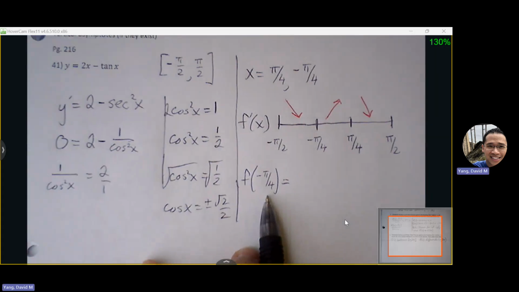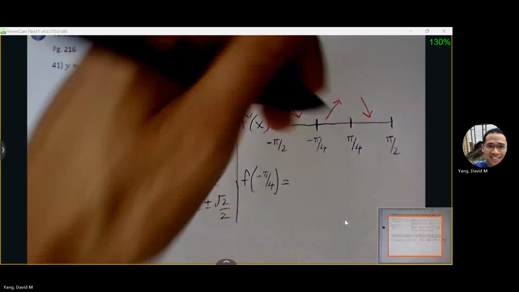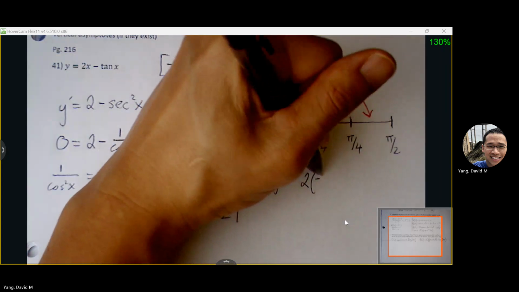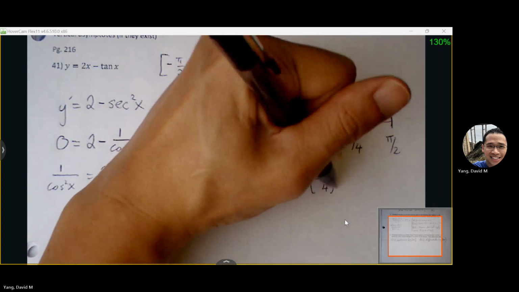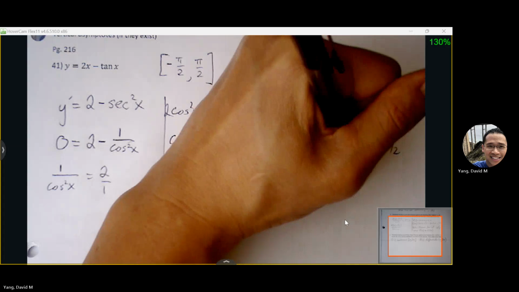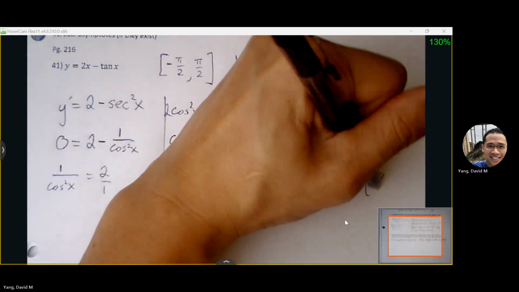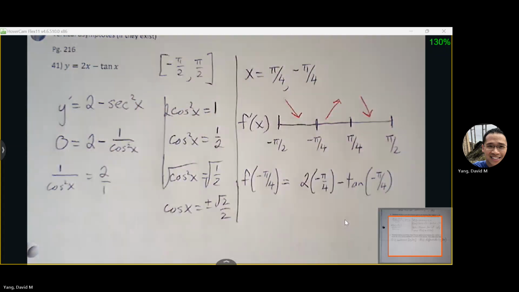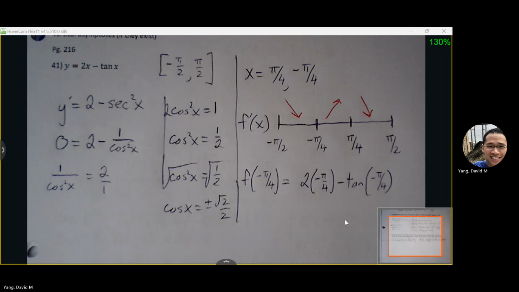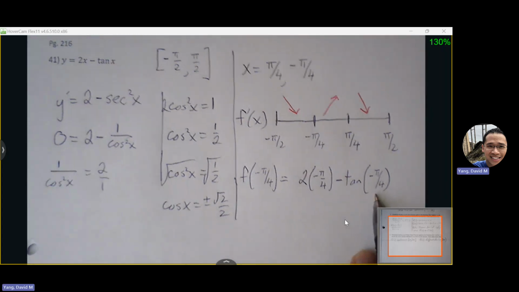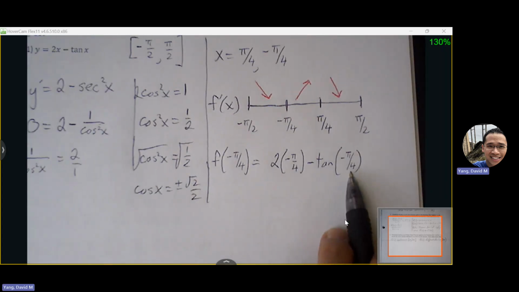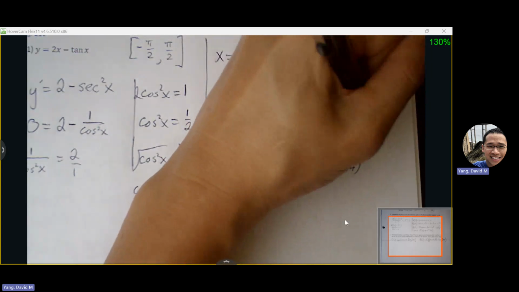Back to the original function. Okay, we don't recognize tangent of negative pi over 4. We can always add 2 pi to this, which is the same thing as 7 pi over 4. So tangent of 7 pi over 4.